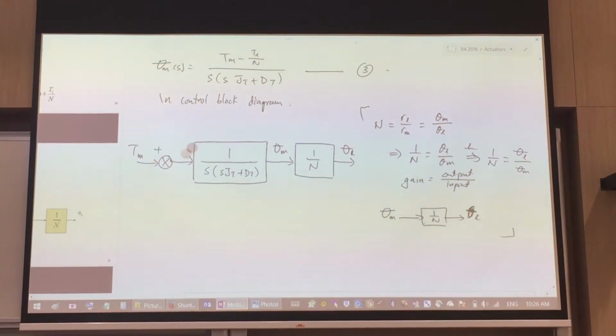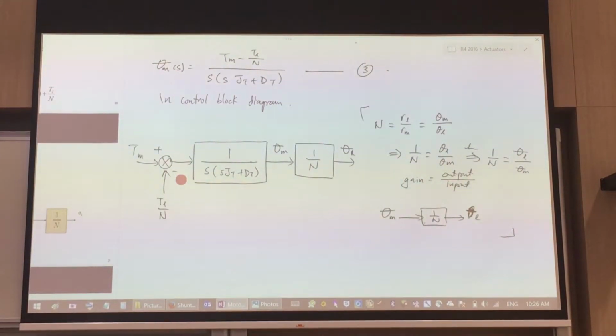Tm comes in as positive, and then that TL over n as negative. So that's the part of a block diagram.